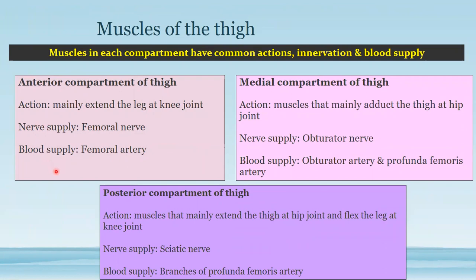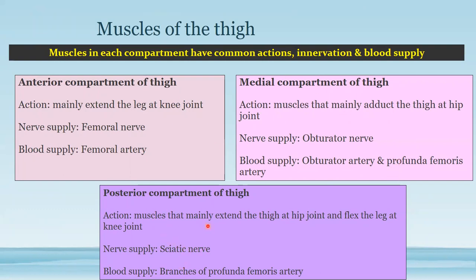There will be some exceptions for some of the muscles, but generally they are supplied by the femoral nerve and femoral artery. For the medial compartment of the thigh, the muscles mainly adduct the thigh at the hip joint. They are supplied by the obturator nerve and obturator artery, and some of the muscles are supplied by the profunda femoris artery.